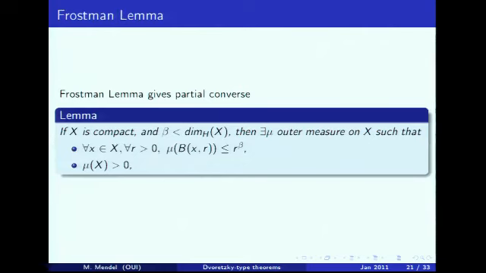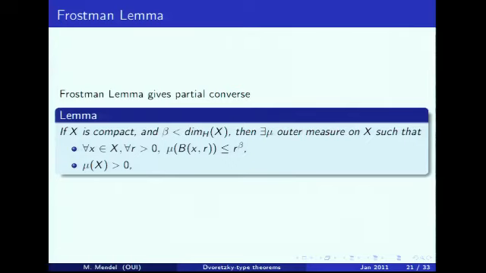This is a very well-known lemma called Frostman's lemma, from the 20s, that says that for a compact metric space X, if you take beta to be smaller than its Hausdorff dimension, then there exists an outer measure on X with these two properties that we just wanted.